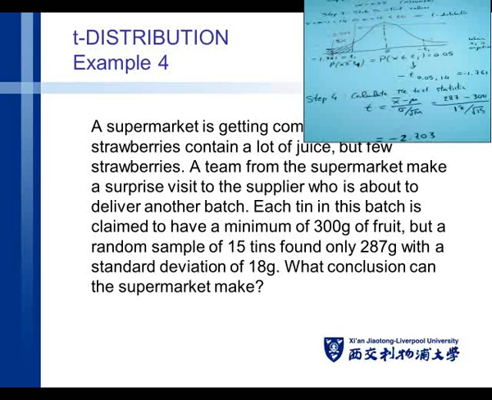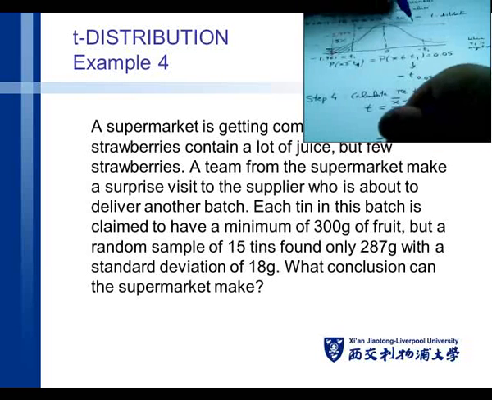And then step 6 is come to a conclusion. If you are to the right of minus 1.761, what should be your conclusion? Do not reject. Right? Anyway.